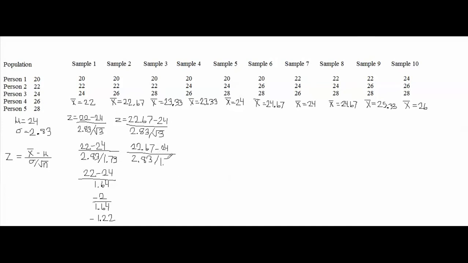We know that 2.83 divided by 1.73 right here equals 1.64. So now all we have to do is just subtract the sample mean by the population mean and divide by 1.64.